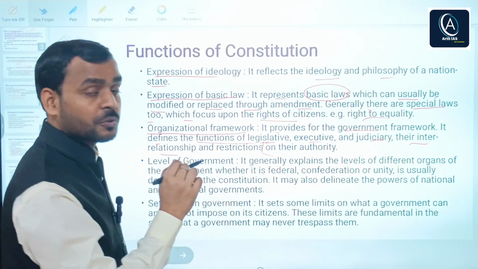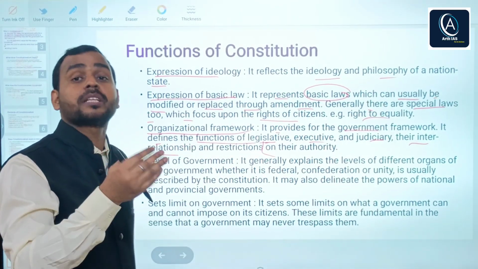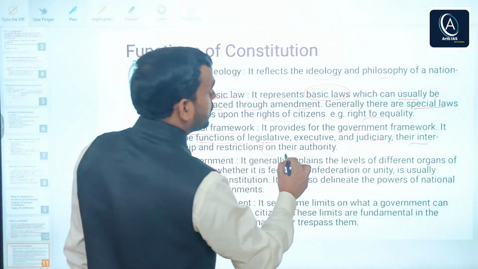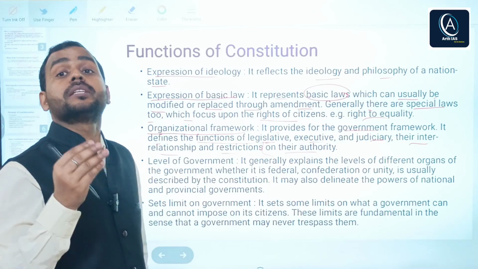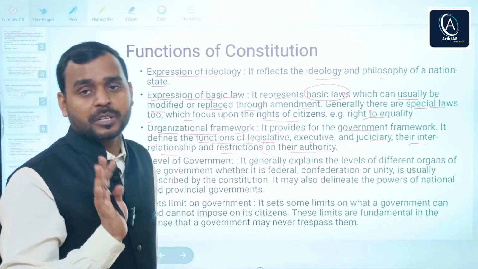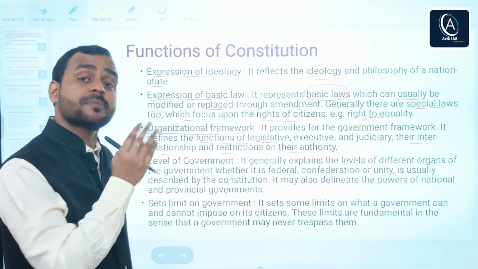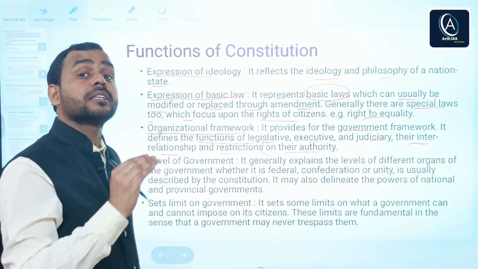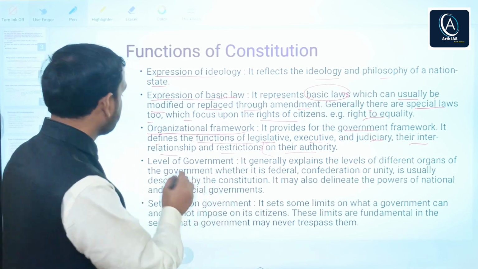So simply you should know, where there is separation of power, they are also interrelated through checks and balance, and there are restrictions on their authority. Restriction on their authority means restricting arbitrary power. If their actions are legitimate or as per the provisions of constitution, they are free to do so, but they should not violate the provisions of constitution.